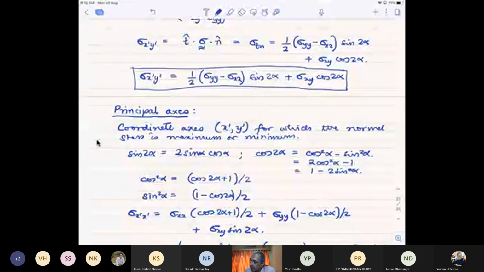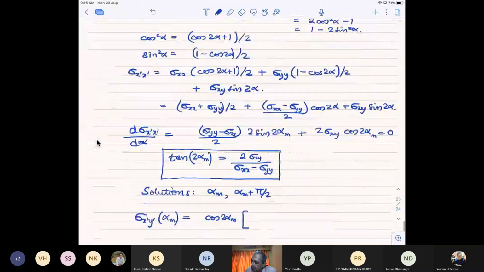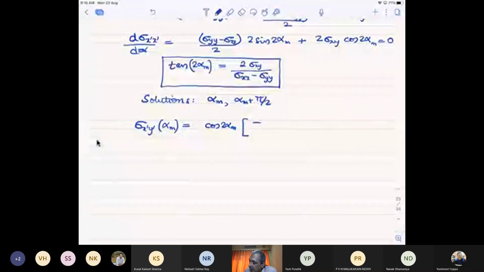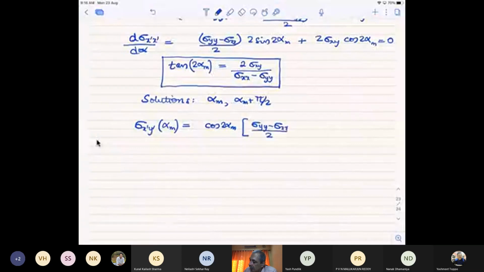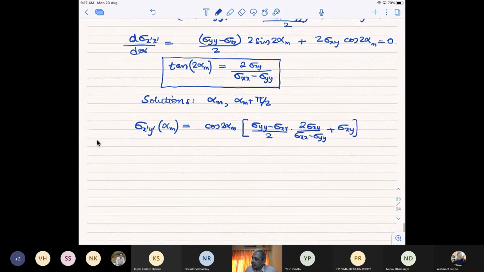So I'll have tan of 2 alpha m times sigma yy minus sigma xx divided by 2, where tan of 2 alpha m is 2 sigma xy divided by sigma xx minus sigma yy, and then plus sigma xy. You can see that this cancels out, the 2 cancels with 2, and you get minus sigma xy plus sigma xy, so this is equal to 0.